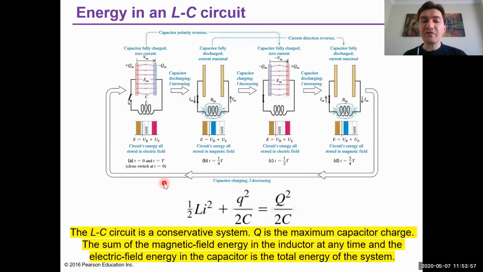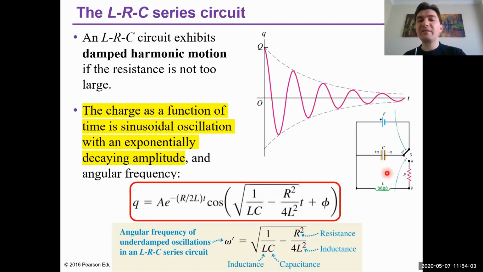But in case of LRC circuits, maximum charge and maximum current in the circuit decrease as a function of time. So finally they go to 0. So this is the behavior of the LRC series circuit.